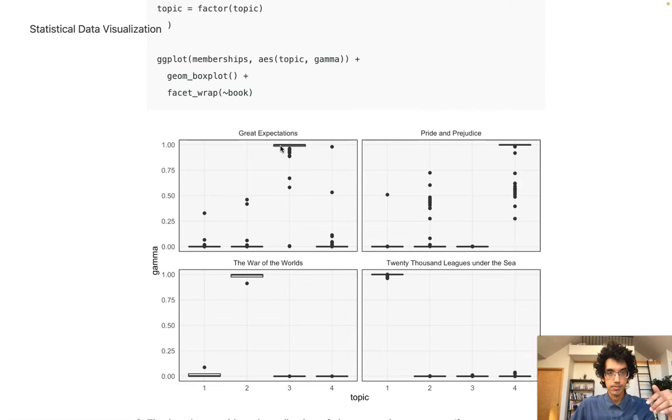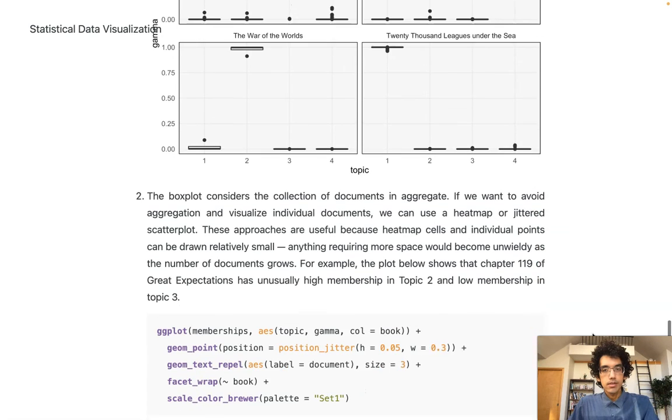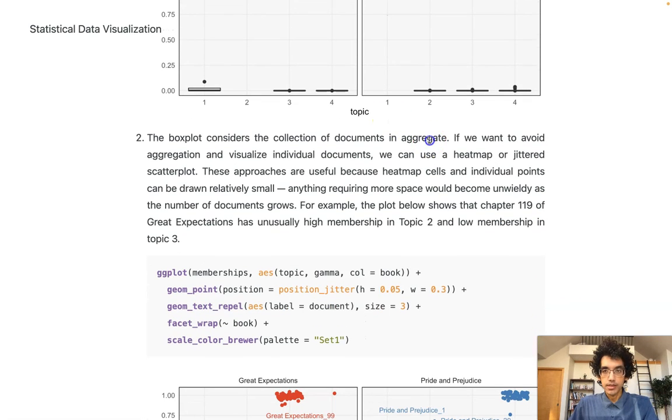So we're already able to see that even though we didn't give the book labels when we trained the topic model, it's able to automatically recover the different distributions of words across each of the books. This is already useful, but it doesn't tell us anything on a per document level. Here everything is aggregated.